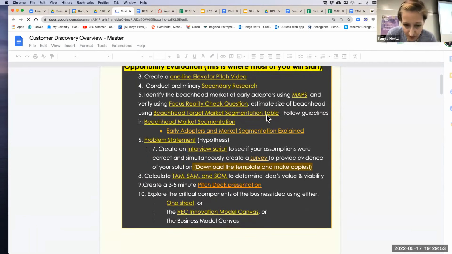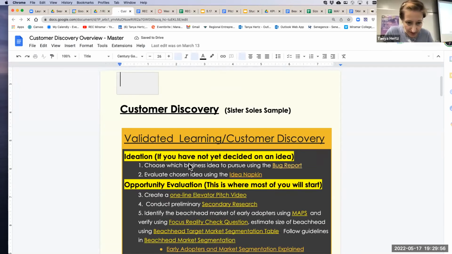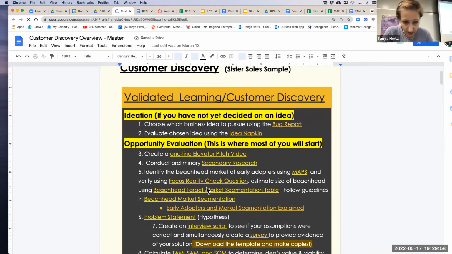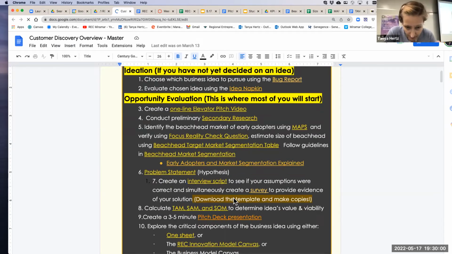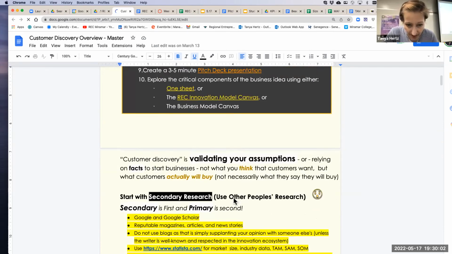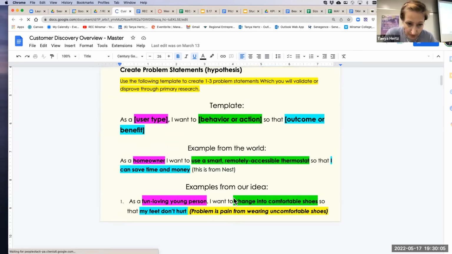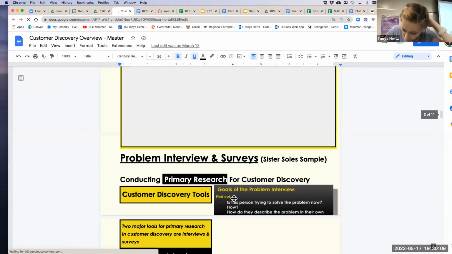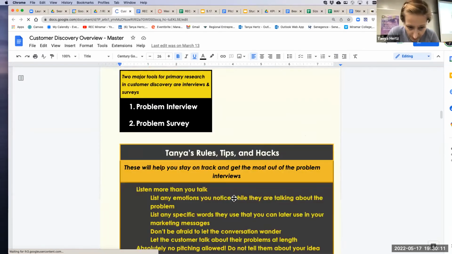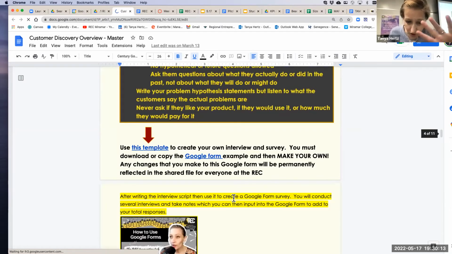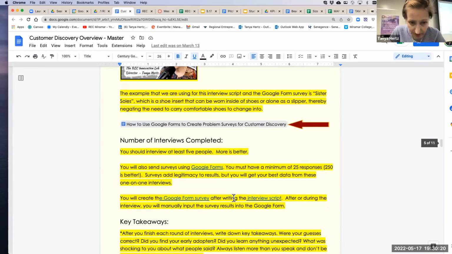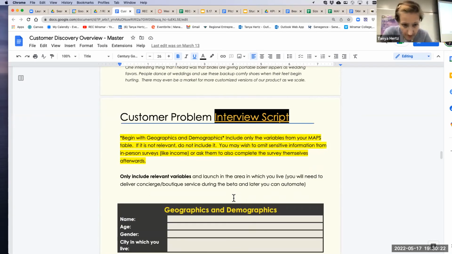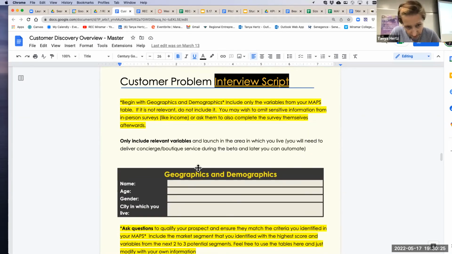If you want to know which comes first, chicken or egg, it's right here: the ideation, opportunity evaluation, including customer discovery. It even gives you templates for writing your problem statement, for writing your interview questions, everything. There's so much information in here. You can go down the rabbit hole and spend 10 hours on this, or you can skim through it quickly and jump in where you need.